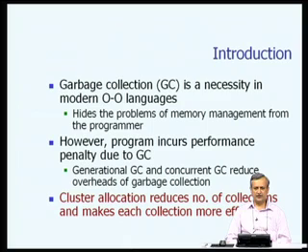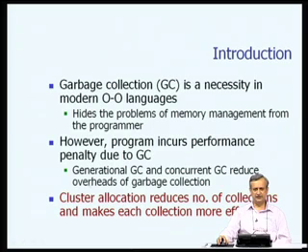Now, cluster allocation reduces the number of collections and makes each collection more effective. So, what is cluster allocation? Basically, if we look at very long living objects and we are able to collect all of them together in one bunch, we do not allocate memory to those in the same heap that is used for other objects, then it is generational in nature.